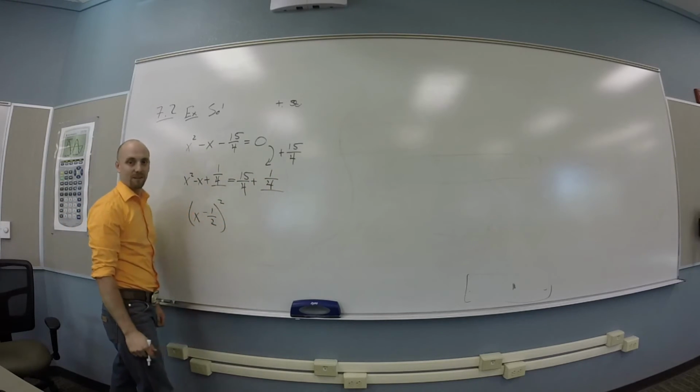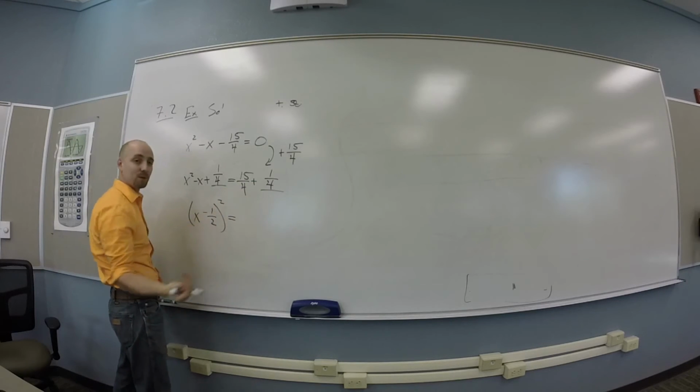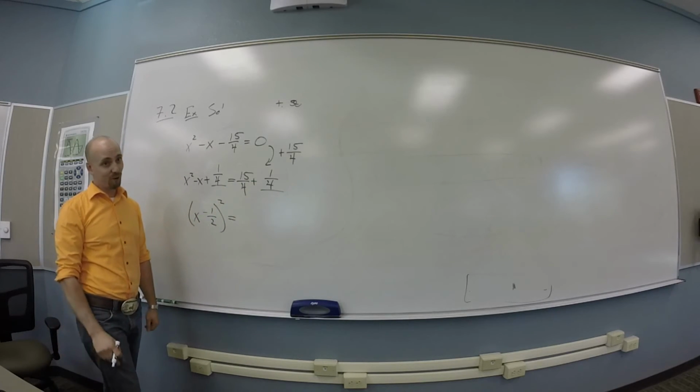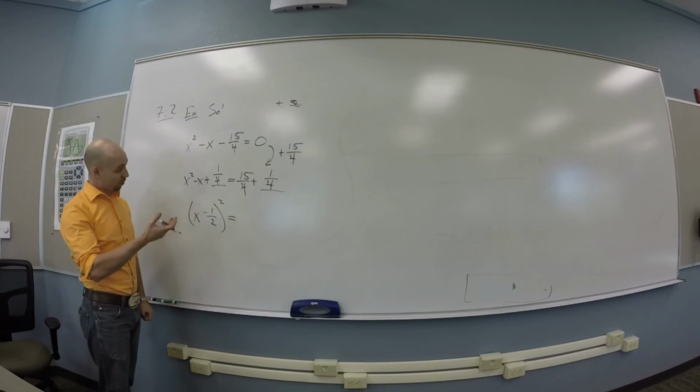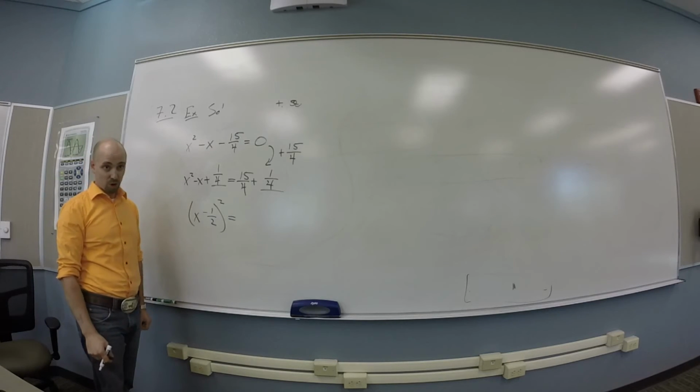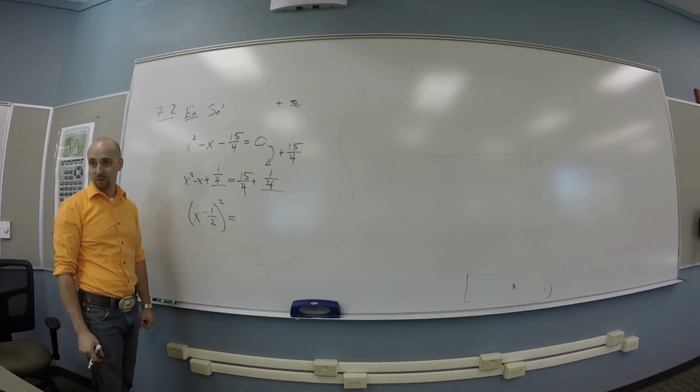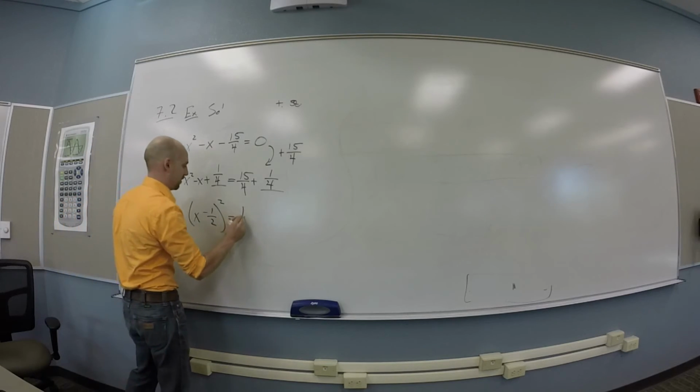Oh, hey, but the bases match up at least. Yeah, and the bottoms match up because this problem was carefully orchestrated. So what's 15 plus 1 quarter? 16 quarters, which is 4.